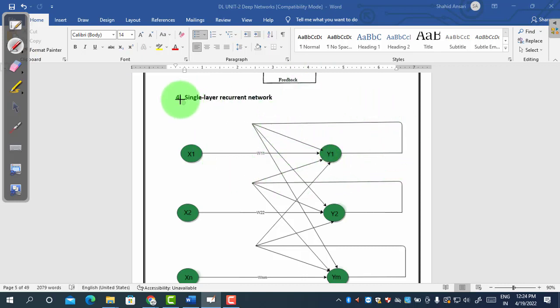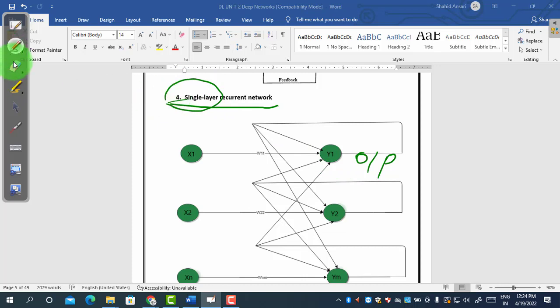So in case of single layer, the output is given back to the output node. ये जो output आ रहा है यहाँ पे, ये output वापस से given back to the output node only, in case of single layer.